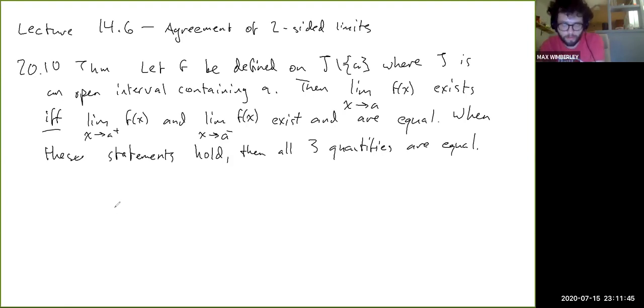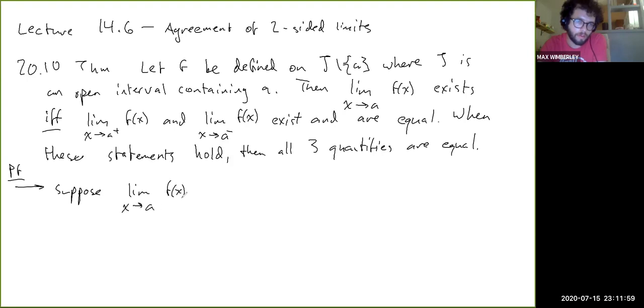Okay, so first, the forward direction is very easy. Proof. Suppose the limit as x approaches a of f of x equals L, a finite number. We're going to deal with the finite case first, and we'll deal with the infinite case later.